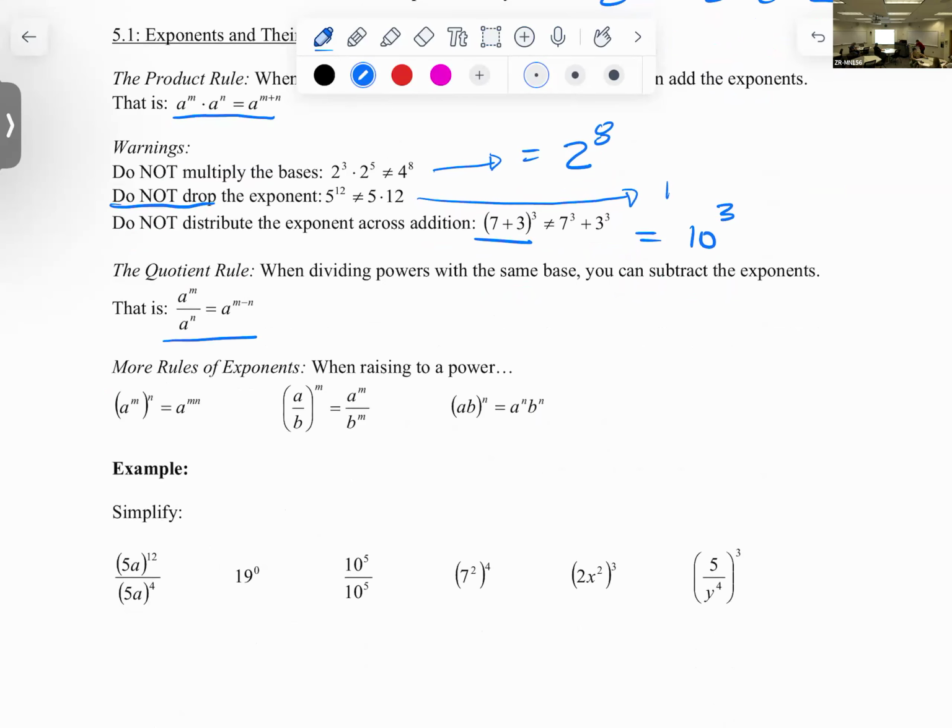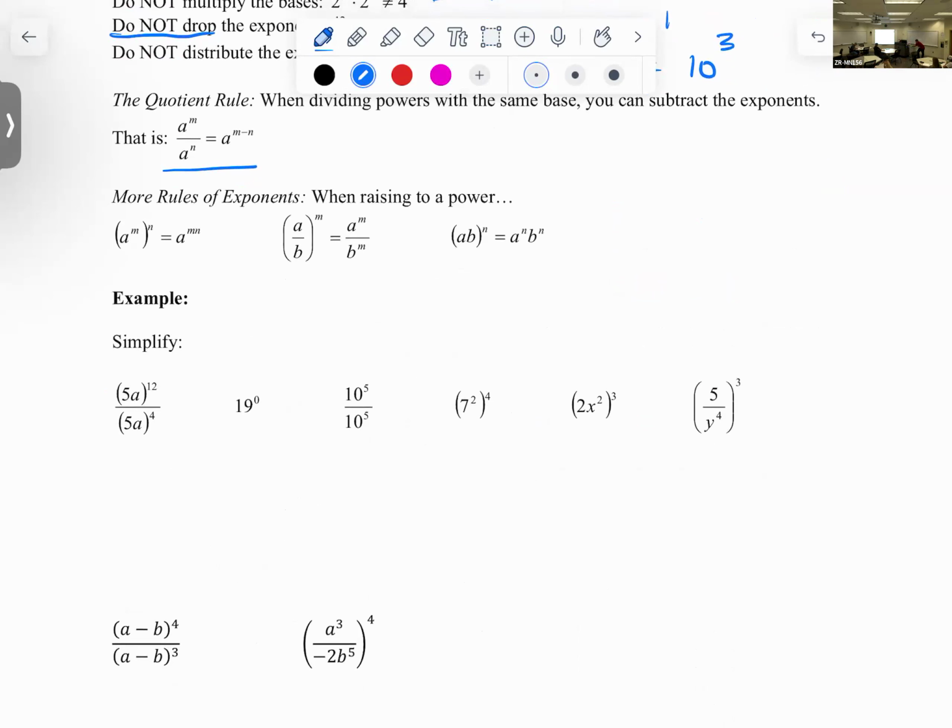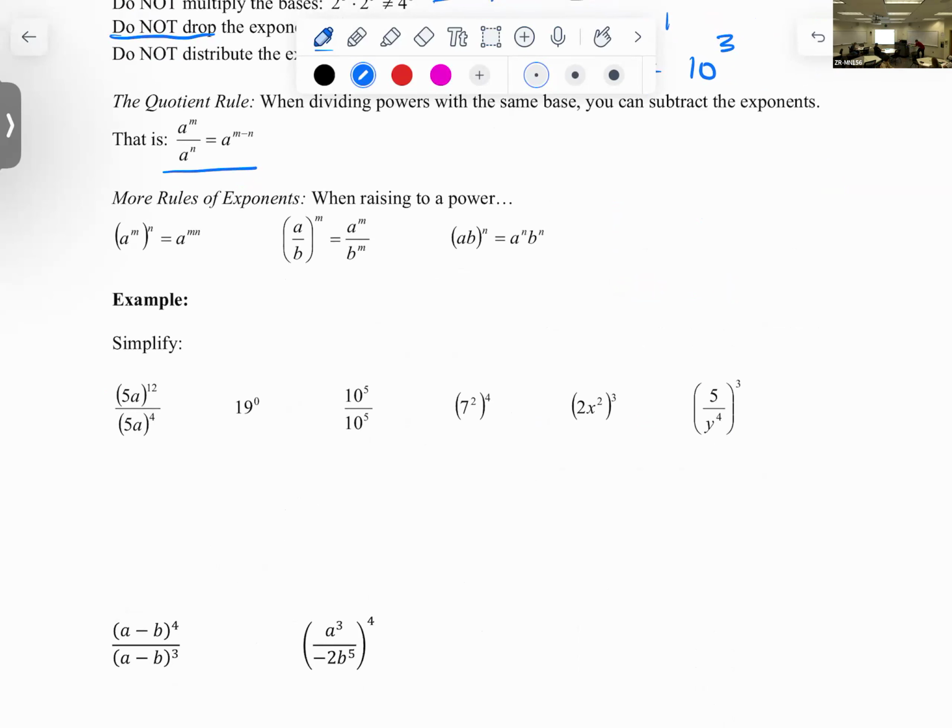Similar to the addition rule, the product rule for exponents, there is the quotient rule. Multiplying the same base with exponents becomes adding, dividing simply becomes subtracting. We're going to look at examples for all these. And then there are some other subtle ones as well.